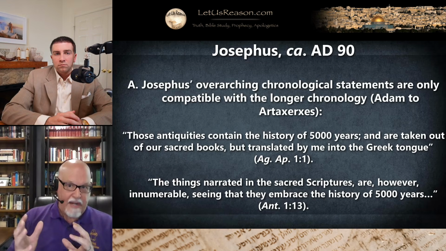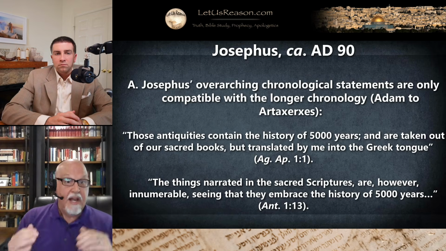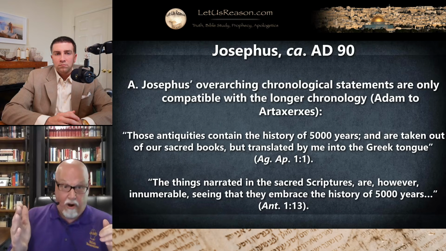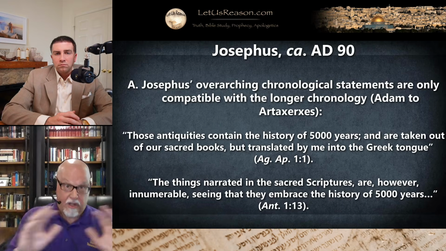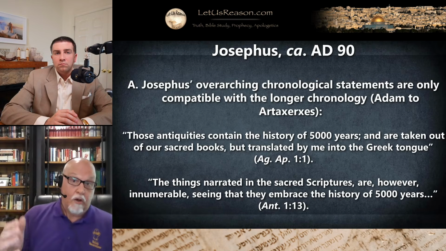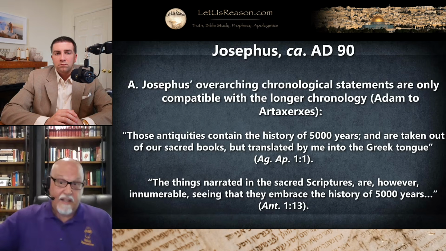"The things narrated in the sacred scriptures embrace the history of 5,000 years." So he's talking about from Adam to about 400 BC, to Artaxerxes. He's talking about the history of the Bible, not up to his time, but to the end of the canon. So he's just calculating a chronology and saying it's about 5,000 years.